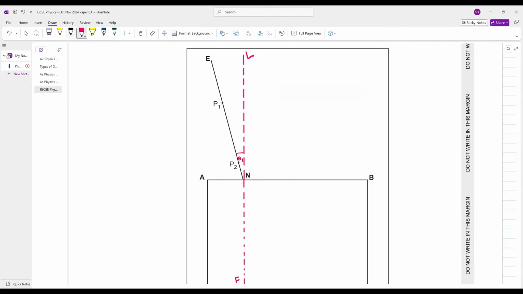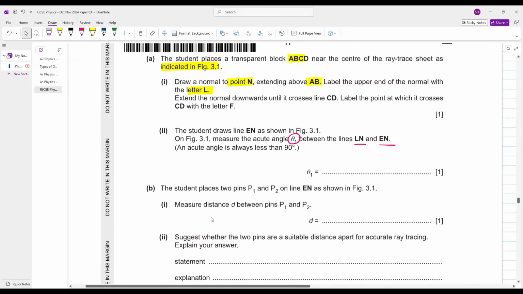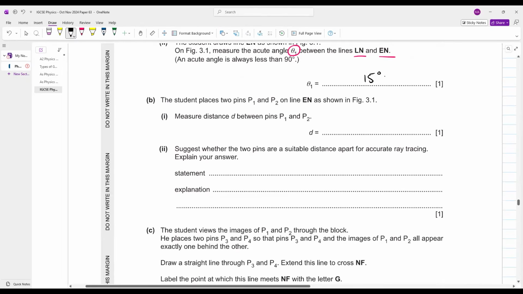How will we measure this angle theta 1? Place the protractor here. Make sure that the middle of the protractor is at point N. Measure this angle theta 1. I have already measured that for you guys. This angle comes out to be 15 degrees, so write it here. The angle comes out to be 15 degrees. Perfect.